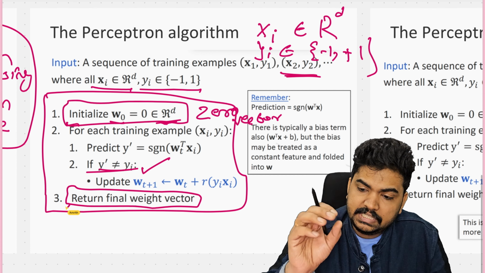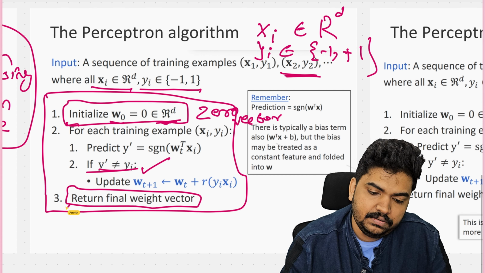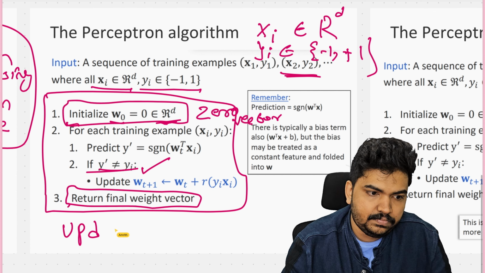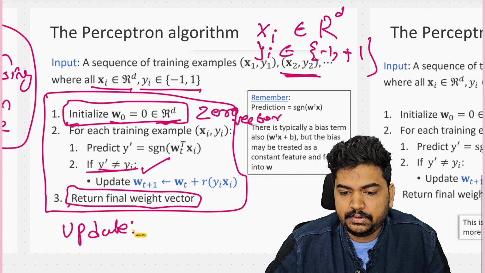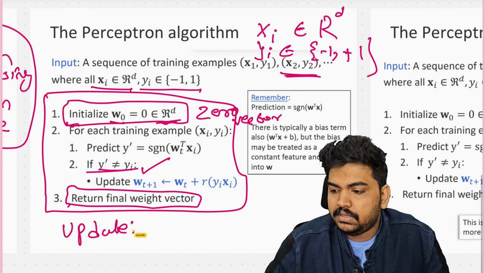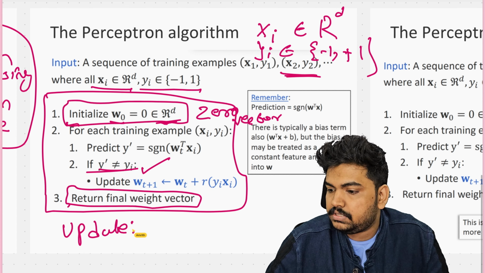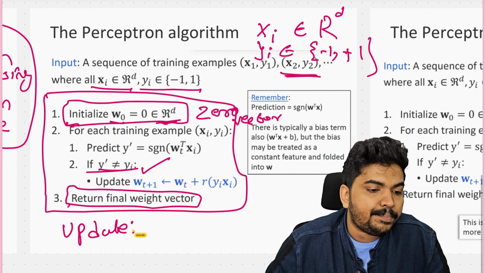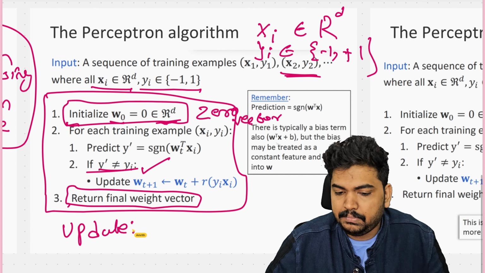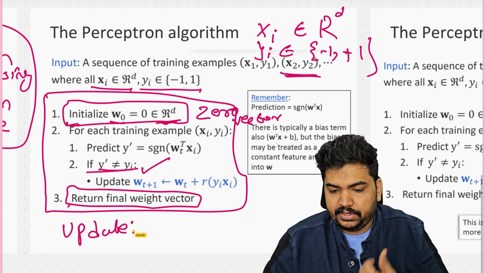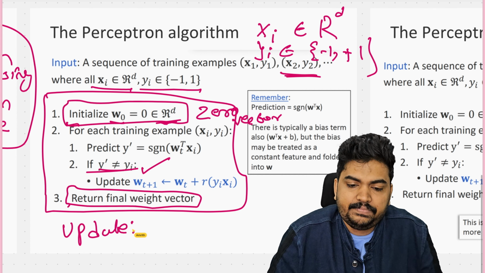So now we will see how the update is happening. At any point, we have a current weight vector. At the very first point, the weight vector is a 0 vector. At the kth point, assuming some updates happened previously, there is some weight vector which we represent by Wt.